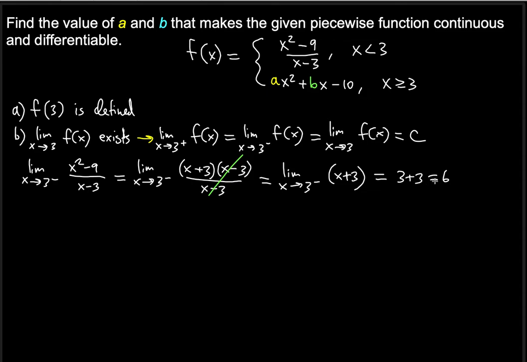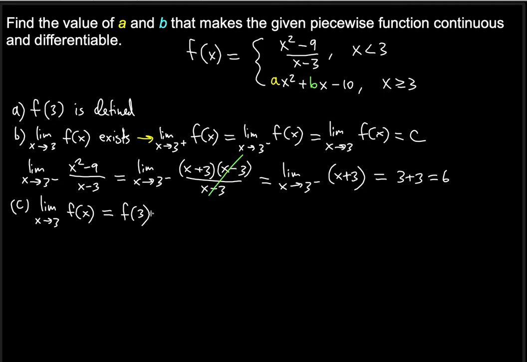So now we know that the limit definitely exists, and it should give us the same value c. In this case, we just showed that the value of c is going to be 6. The third condition is that the overall limit as x approaches 3 of f of x should be f of 3, f of the target value of x, which is 3.